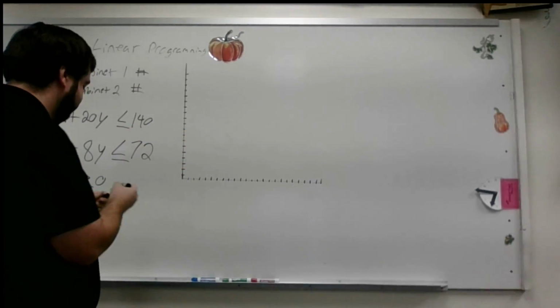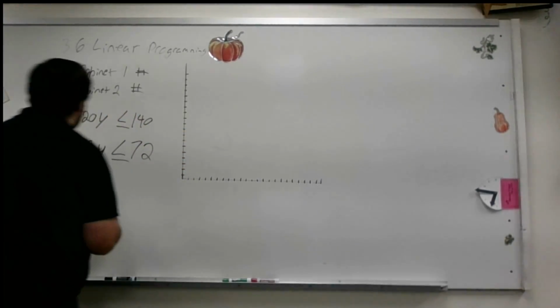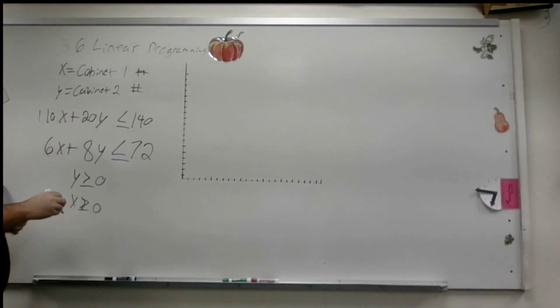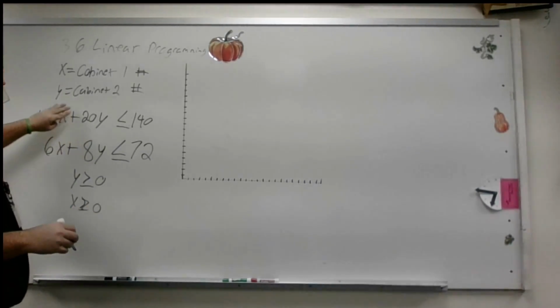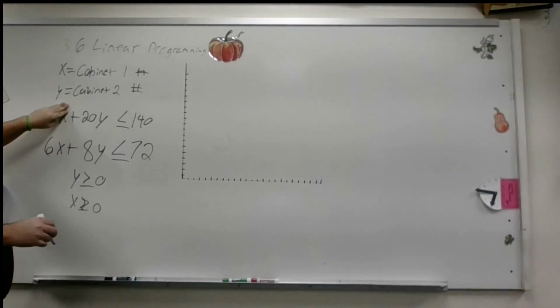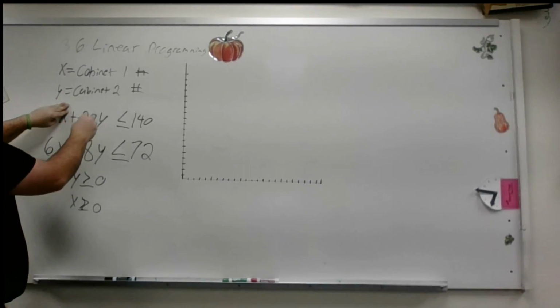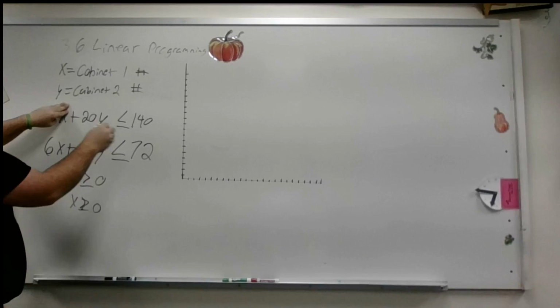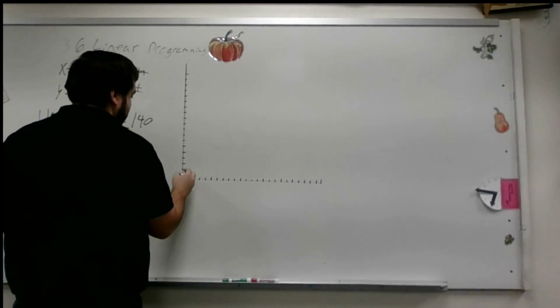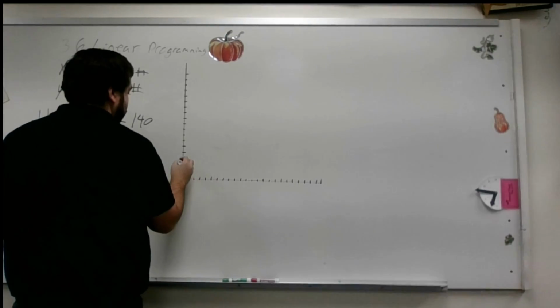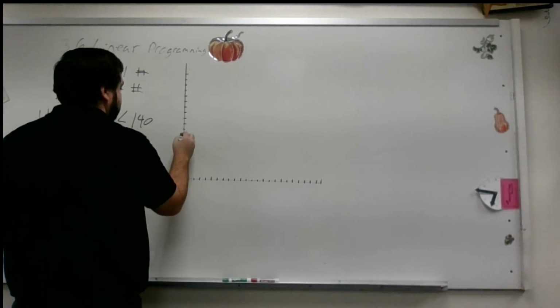Now I graph them. So I'll do this one in blue. I'm going to use the intercept method. Remember, we cover up the x. 20y equals 140. That's the same as 2y equals 14. So y is going to be 7.